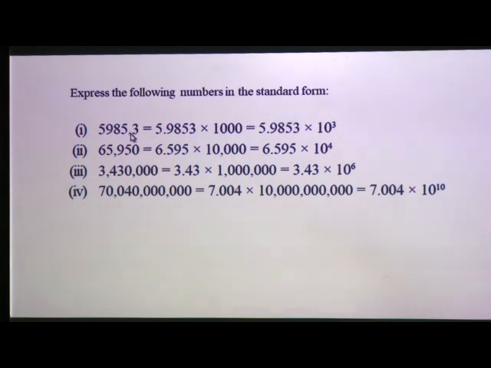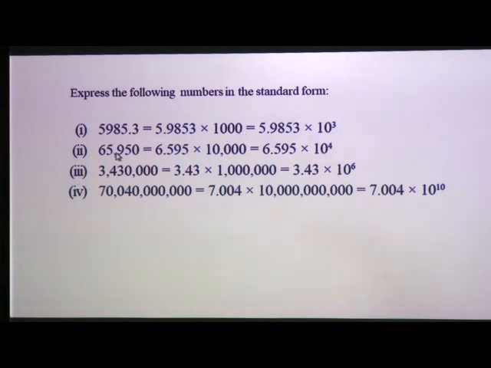The decimal will jump there. So, we write 5.9853 into 1000, which is 10 cube. How? Because after the decimal, when it jumps here, there are 3 digits. So, we multiply it by 1000.